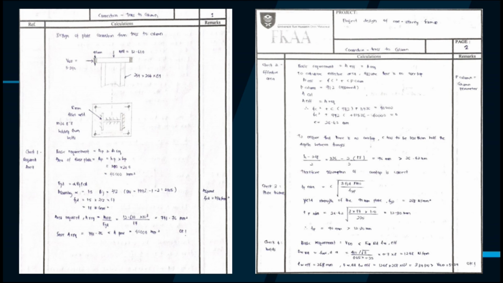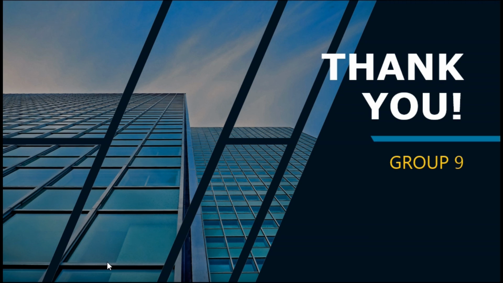Next, we check for the plate thickness, whether it is suitable or not to be used. And lastly, we check for the weld. If it is more than BED, the design is okay and can be used. That's all from us. Thank you.